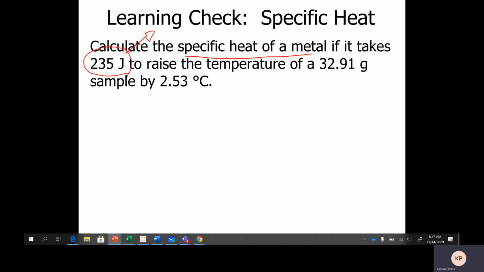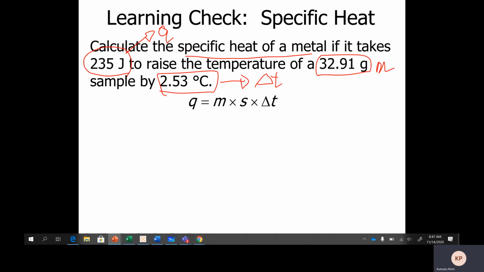Yes, that is the amount of energy required for this process, so it is the Q, to raise the temperature of a 32.91 gram sample. What is that? Yes, it is the mass. By 2.53 degrees Celsius. What's that? Yes, it is the temperature change.